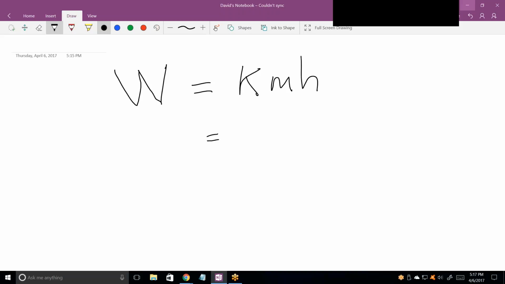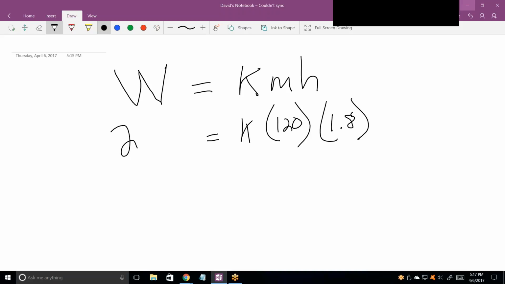So it's K times 120. The work done when a 120 kilogram object is lifted 1.8 meters. So the height is 1.8. And they're saying the work done is 2116.8 joules.